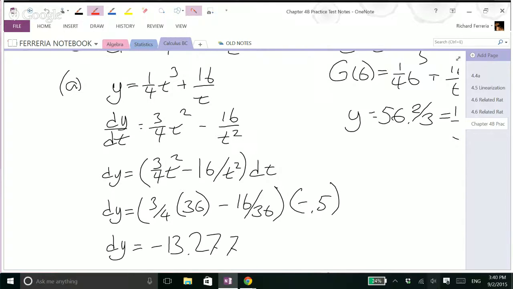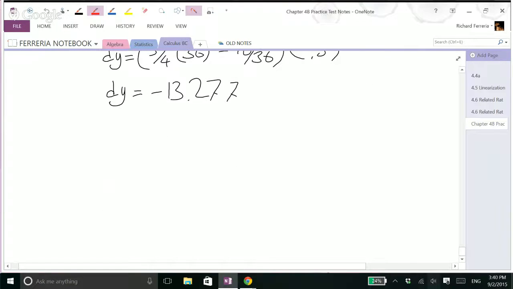Part B, this is where we need to get going. We need a tangent line approximation at t equals 6 to estimate g of 5.3. So this is where work happens. Part B, you know that g of 6, we calculated that. Do you remember what that calculated? 170 over 3.